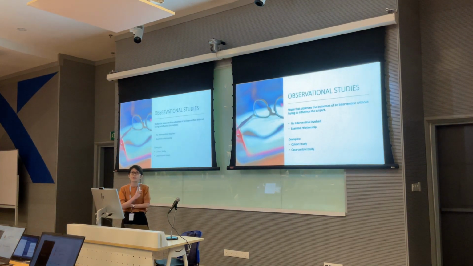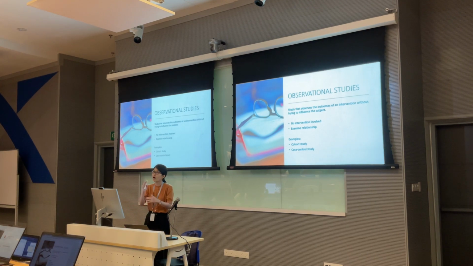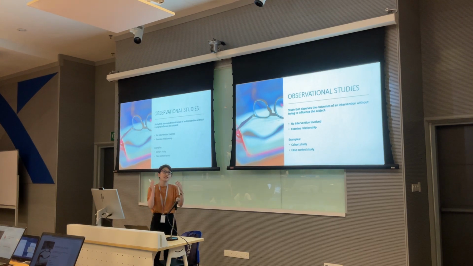Research studies are divided into mainly two different types. We have the observational study and the experimental study. The observational study only observes the outcome. You observe the difference between your experimental groups without any intervention involved.